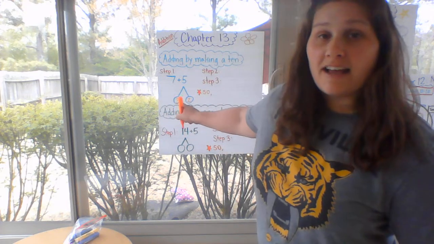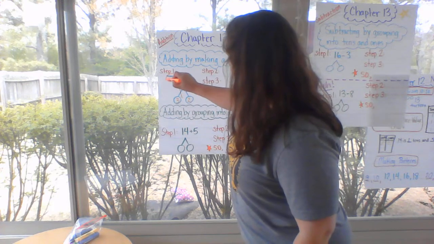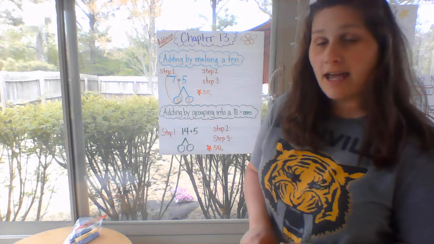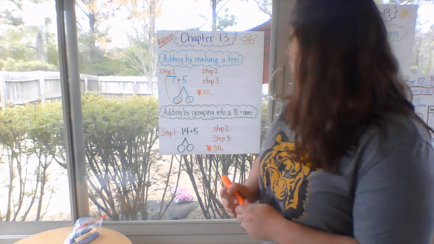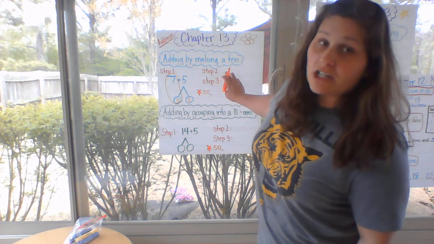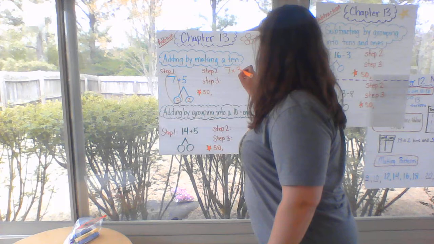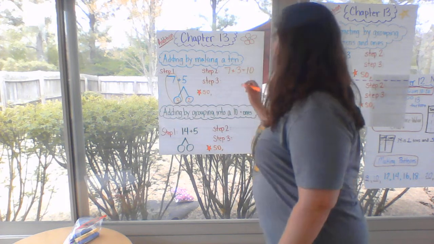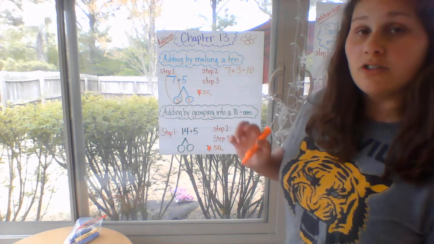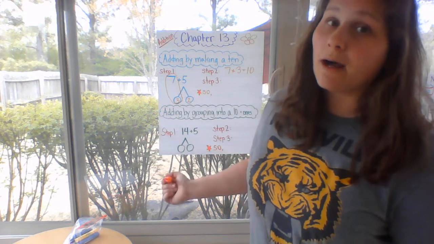So now that I've broken that up, I can easily make that a 10. Okay. So over here, my second step is to make my new equation of 10. So step 2 is 7 and 3 equals 10. So now that you have your 10, you take your 10 and you add it to your leftover ones.